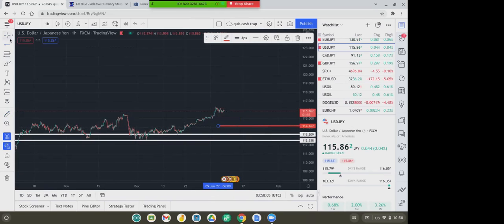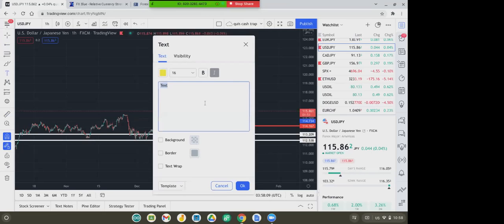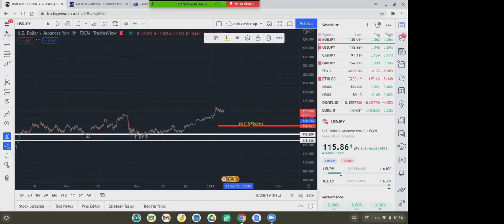That's 100 pips, right? So I'm going to write that out. TP1. TP1, 100 pips. Done.